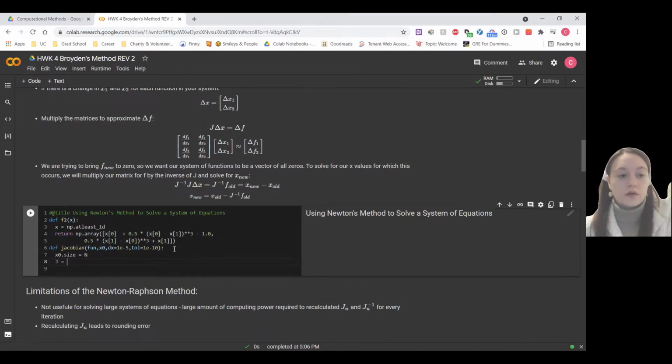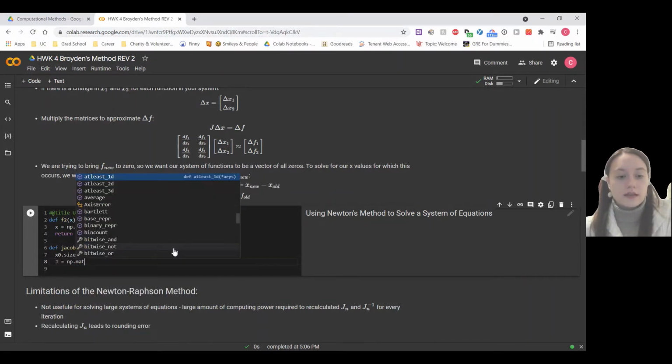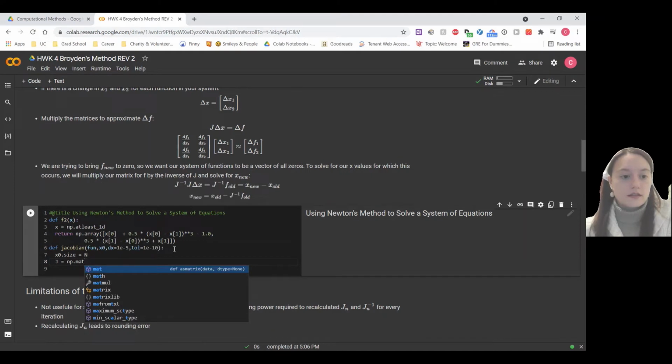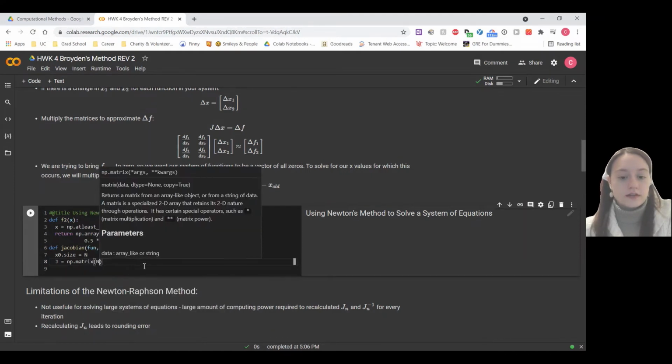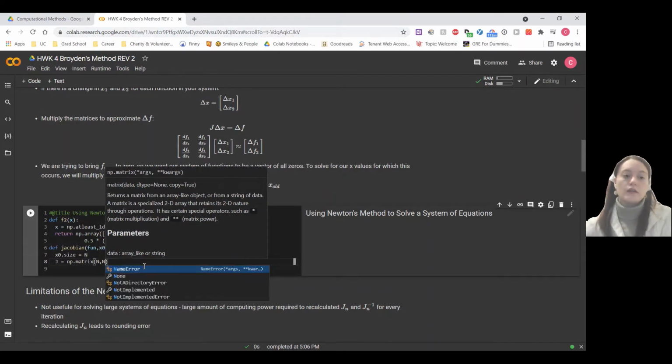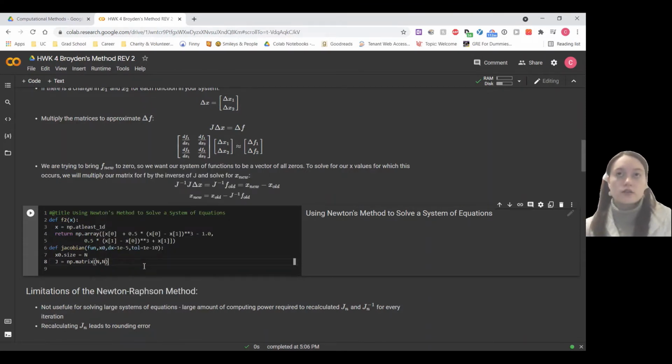So then we can say that the Jacobian is a matrix and it'll be an n by n matrix. So again, if we had two functions with two unknowns, then our Jacobian will be a 2 by 2 matrix.